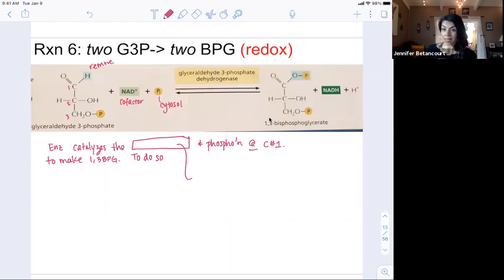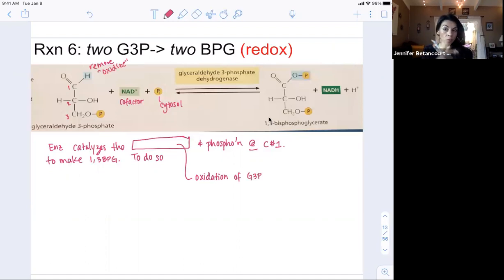Yes, I know a hydrogen has a proton and an electron, but you're removing an electron from the substrate. In essence, you are oxidizing. Oxidizing means removal or loss of an electron. So the substrate gets oxidized. So glyceraldehyde 3-phosphate dehydrogenase actually catalyzes the oxidation of G3P.